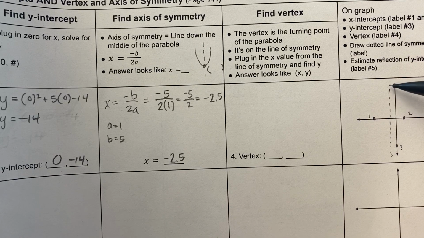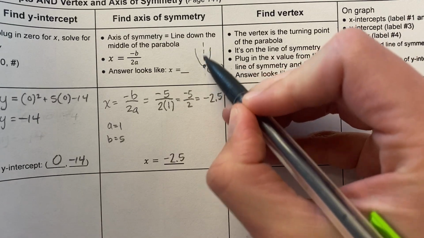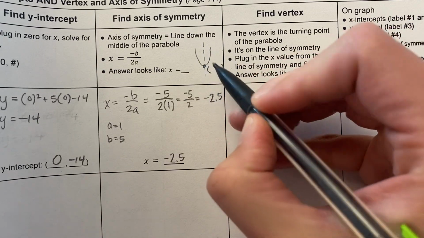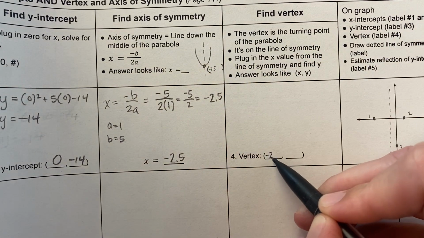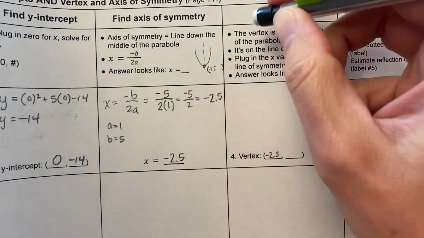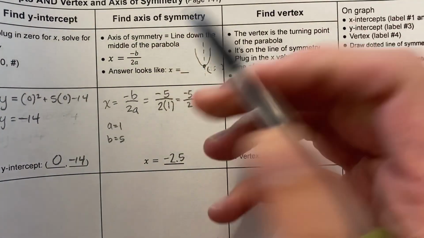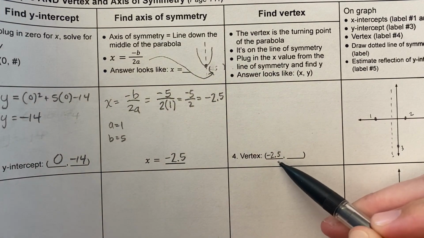Here's -2.5. And again, I'm eyeballing it. Think about this vertex. The x value of this vertex is on this line. So the x value is -2.5. The x value of the vertex is always this x value. So in this case, that's -2.5.